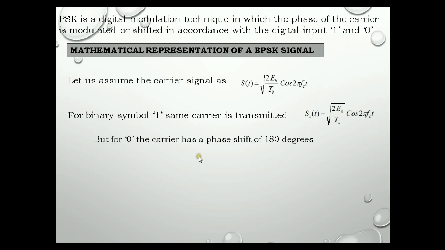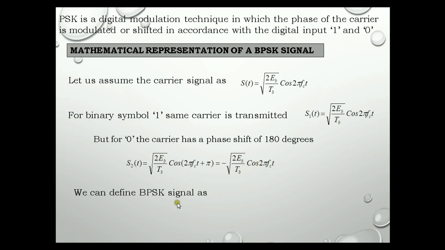Hence we can represent the signal for binary 0 as s2 of t, which is equal to square root of 2EB divided by TB cos of 2 pi FCT plus pi, which in turn will be equal to minus square root of 2EB divided by TB cos 2 pi FCT.